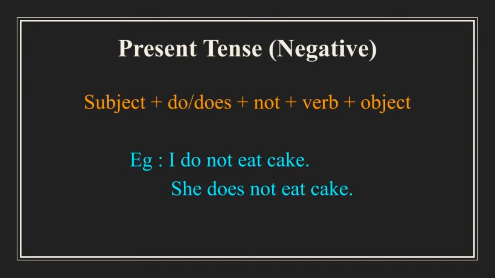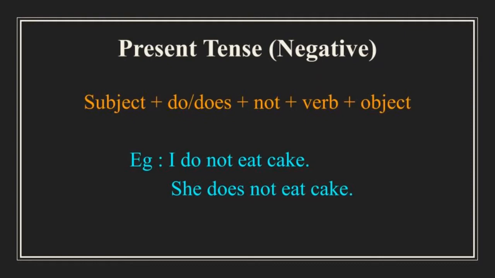Subject, as usual, we know is either noun or pronoun. Next one, do or does. It is an auxiliary verb. For first person and second person we should use do. For third person singular we should use does. And next, for a negative statement we should use not, and then verb, and last we use object.